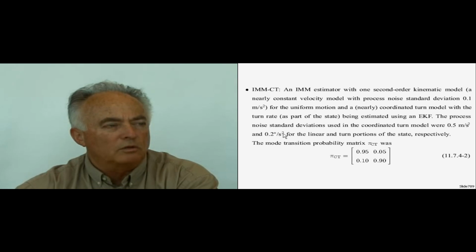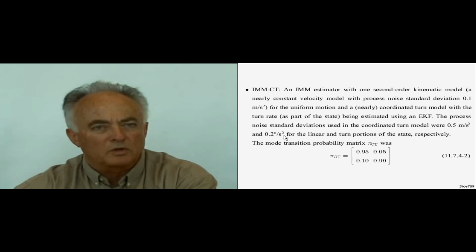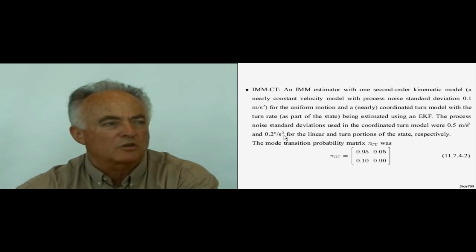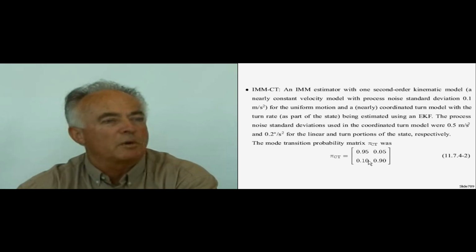Just to relate it to what, if you multiply this 0.2 degree per second square by 5 seconds, you get that over 5 seconds the turn rate goes from nothing, with 1 standard deviation, to 1 degree per second. 5 seconds times 0.2 degree per second square gives you 1 degree per second. And the mode transition probability was the same as for IMM-L.